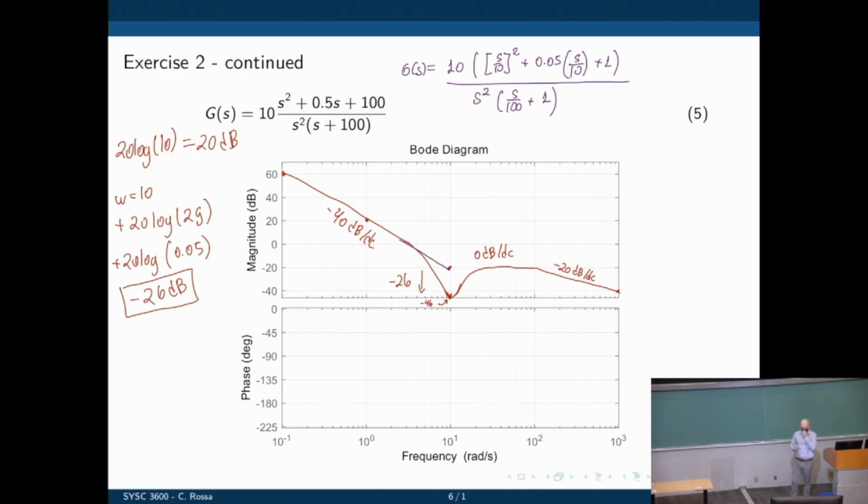But the problem is we have a complex 0, so that's where the discrepancy comes from. This bump down here comes from 20 log of 2 zeta, and then we go back to negative 20. That's our reference point. Does that answer your question?